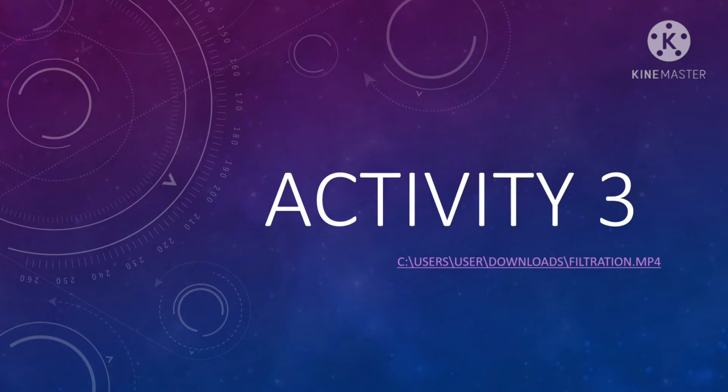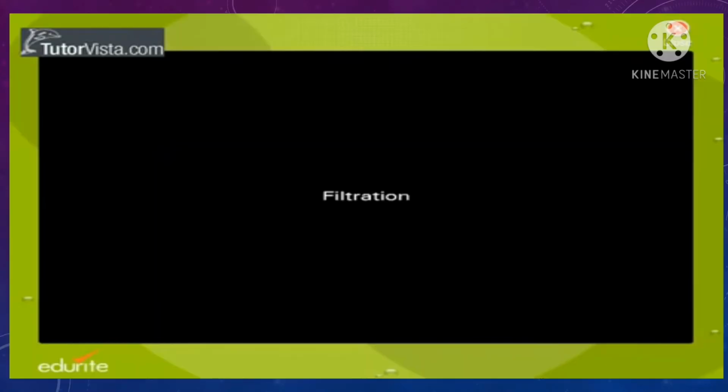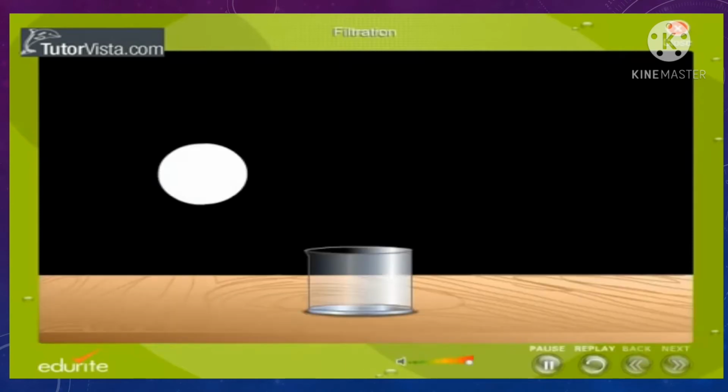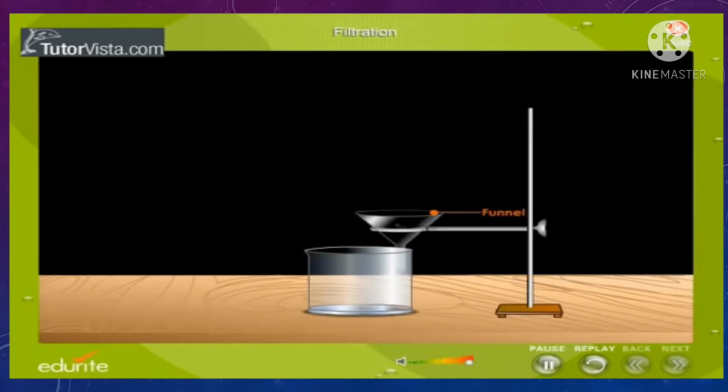We all know that water is one of the most important things that we need for us to survive, because our body is made of it. Filtration. Take round filter paper and fold it into halves to make a cone as shown here. Fix a funnel on a stand.